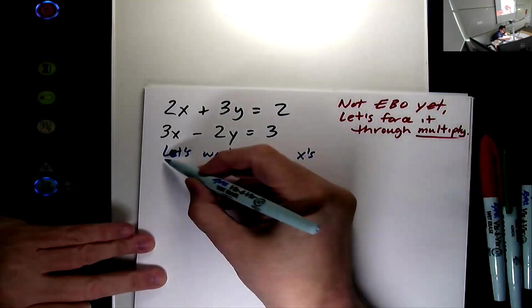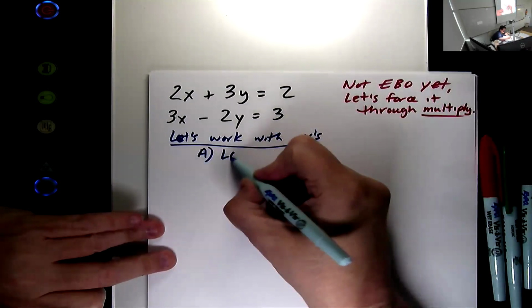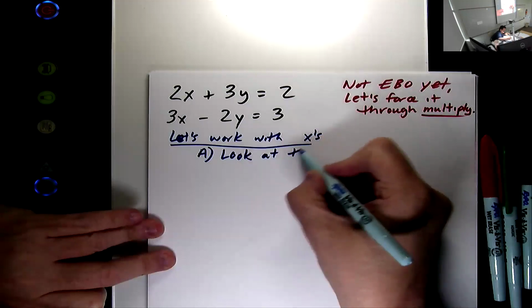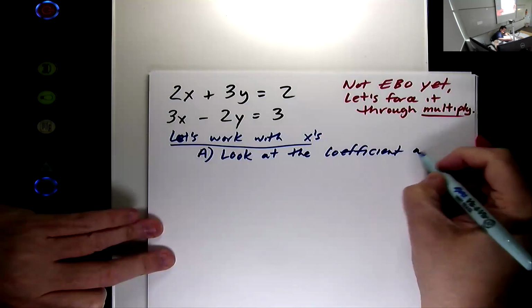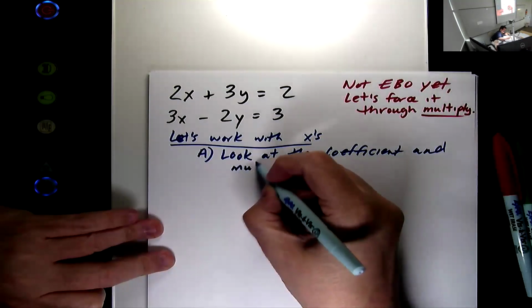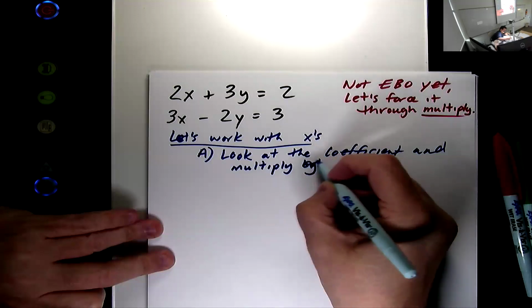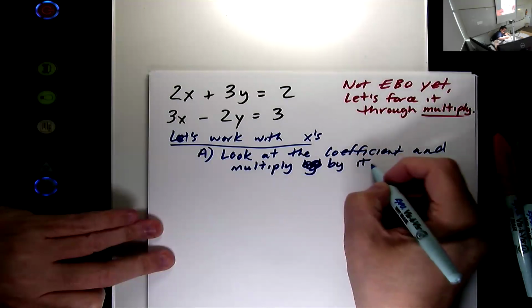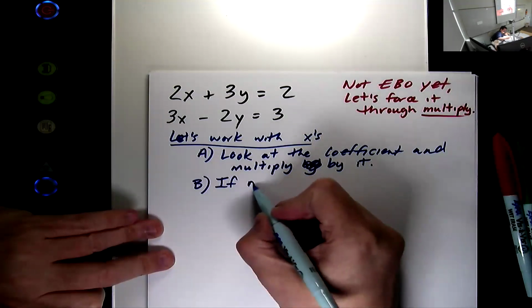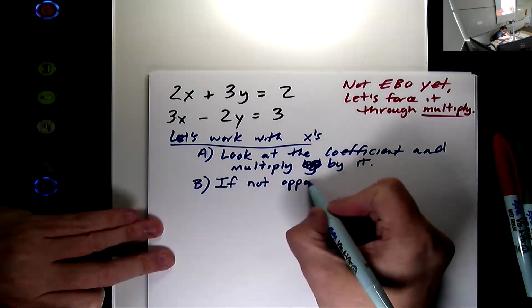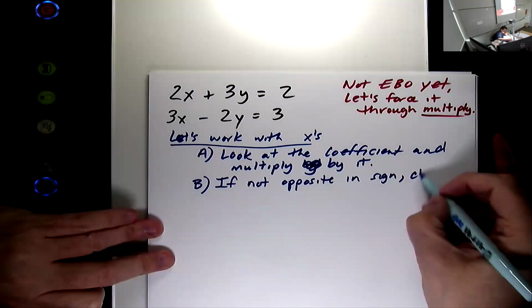So what you want to do, no matter what the variable is, look at the coefficient in the other equation and multiply by it. And then B, if they're not opposite in sign, change one of the signs.